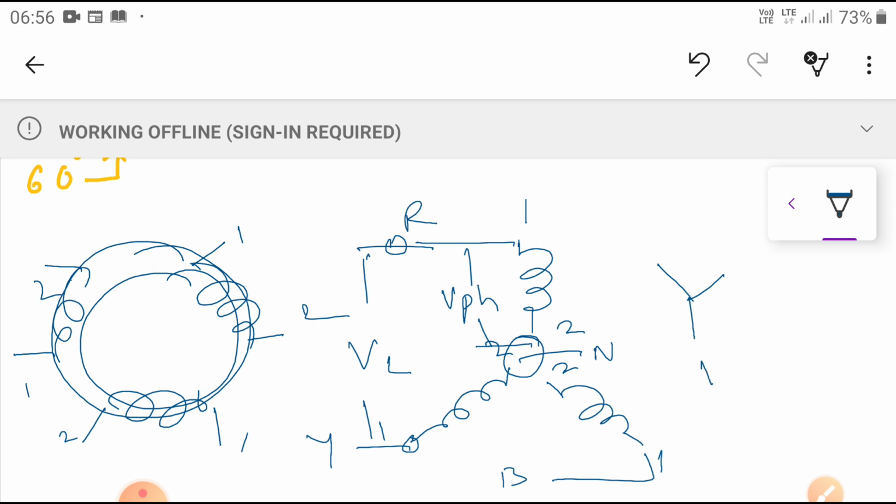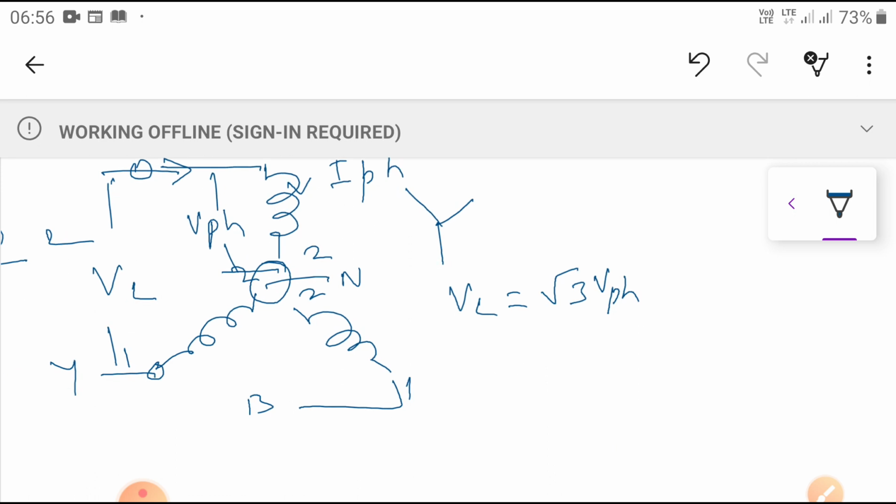Whereas for the current, the line current IL is the same current flowing in the phase, I phase. That means the line current is equal to the phase current. This is the case of star connection.